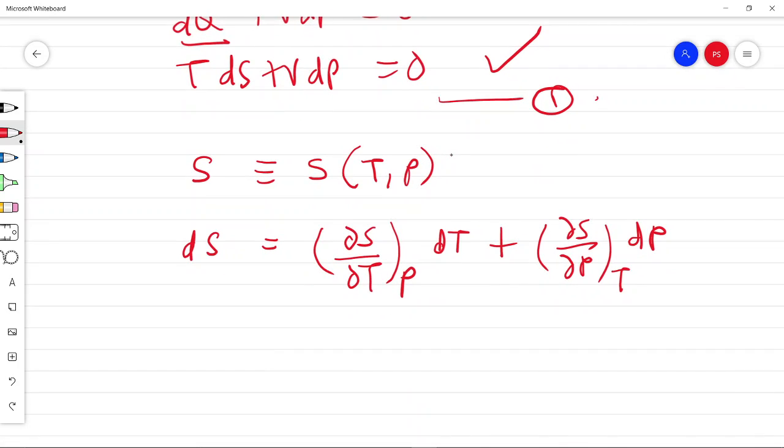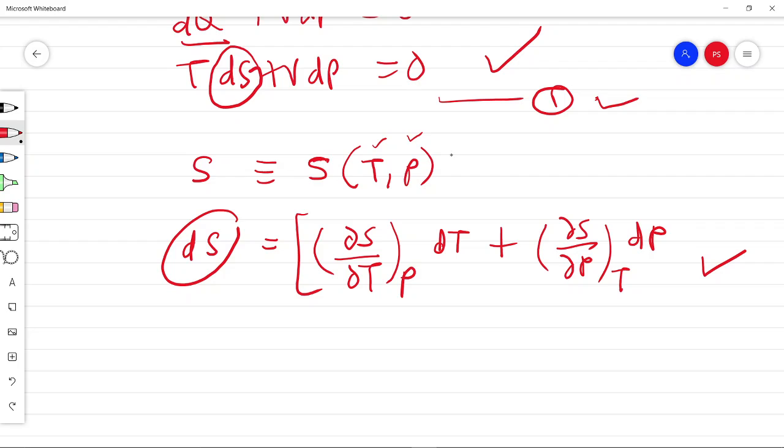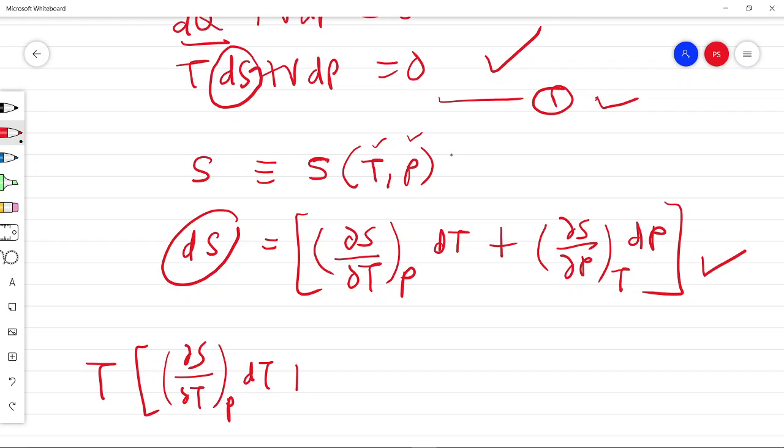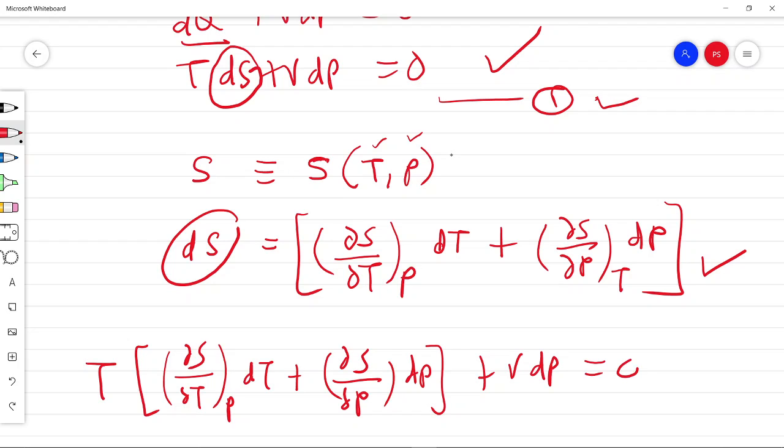This is how we take derivatives of a variable when it is a function of two variables. Now if we use this in equation 1, for this dS we have to replace it by this entire expression. So we get T into dou S by dou T dT plus dou S by dou P dP, plus VdP, equal to 0.